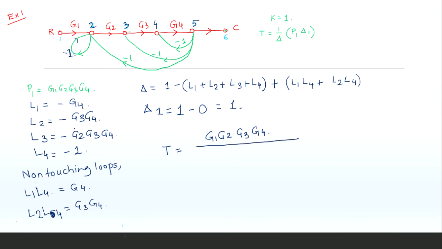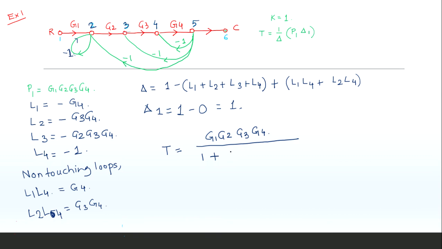In the next part, I have to substitute these L values. Now 1 minus these, L1 is itself minus, all of them are minus. So I am taking out this minus, and it will be plus then.